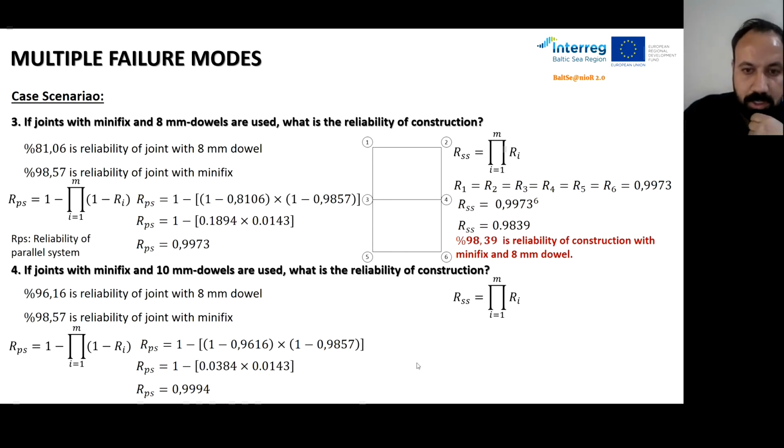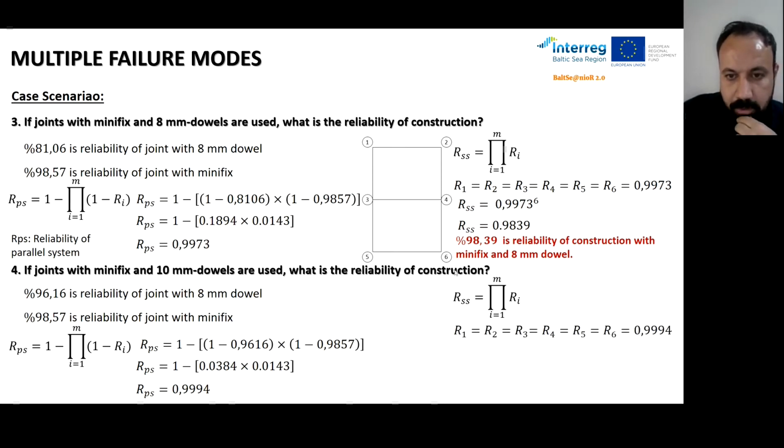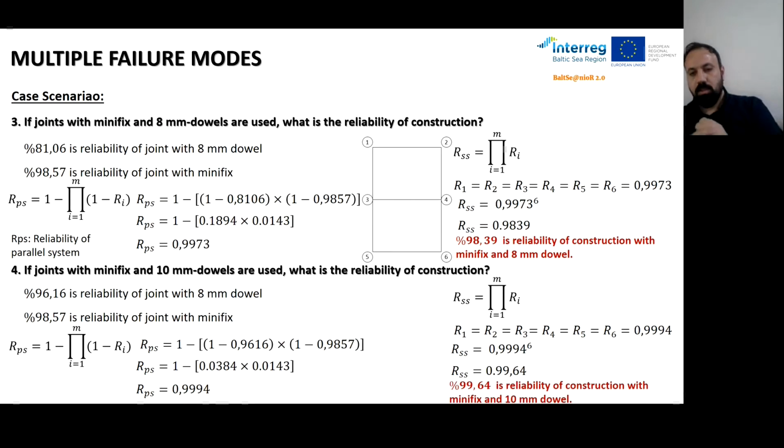So I am using the series system to calculate the construction reliability. Every corner joint has equal reliability based on my assumption. So I am just calculating, and my reliability is 99.64% if I use Minifix and 10mm dowel.